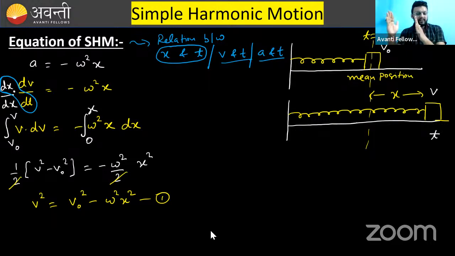Why is it returning? Because at this point its velocity is zero. When you throw a ball upward, after reaching a certain height it returns back, because at the highest point its velocity becomes zero. In the same way, at the extreme point, the velocity of the particle becomes zero. I am going to use that relation to create a very important relation for you.